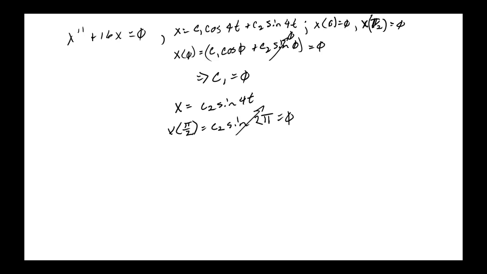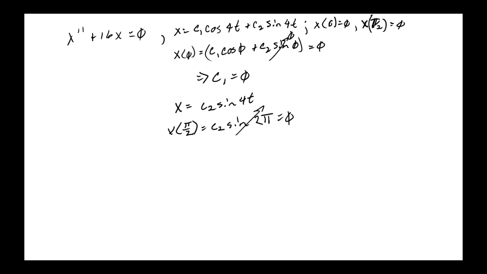Okay? And this is an illustration of that. C1 has x at 0, or x at 0 has to be 0, and x at pi halves, which is over here, has to be 0. Okay? And you can draw a whole bunch of sine curves in there.